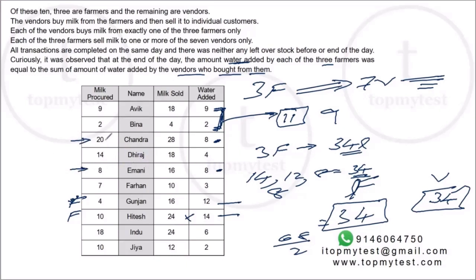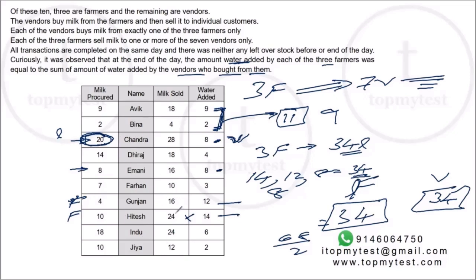If you look at Chandra, Chandra has procured 20 liters of milk. If Chandra was a vendor, this 20 liters has to come from a single person, which means one of the farmers should have sold Chandra 20 liters of milk.